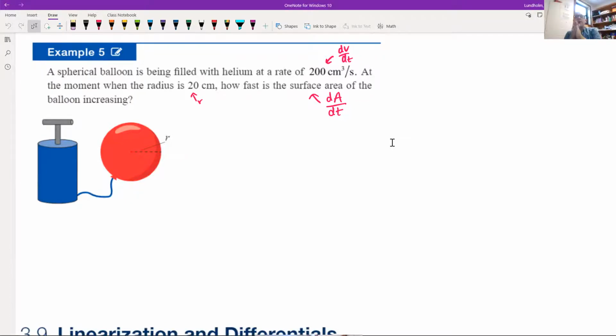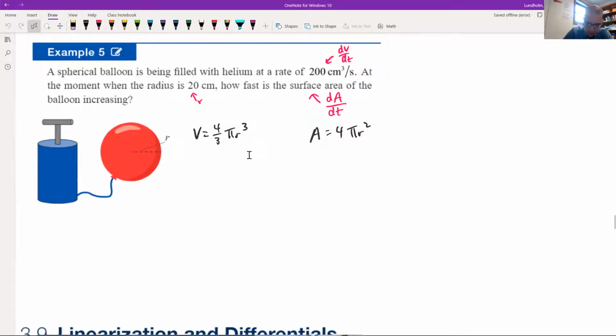All right. So volume of a sphere would look like volume is equal to 4/3 pi r cubed. Surface area would just be 4 pi r squared. All right. So those have r's. We need to get them changing.